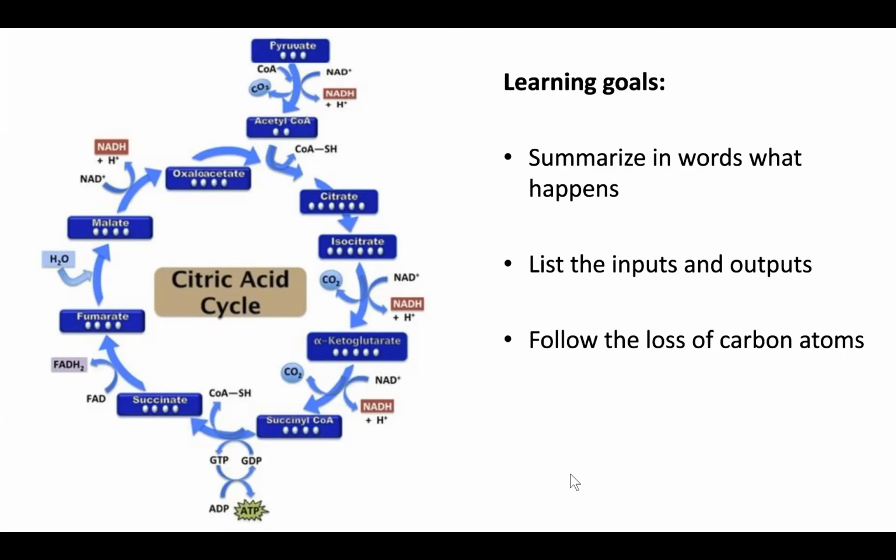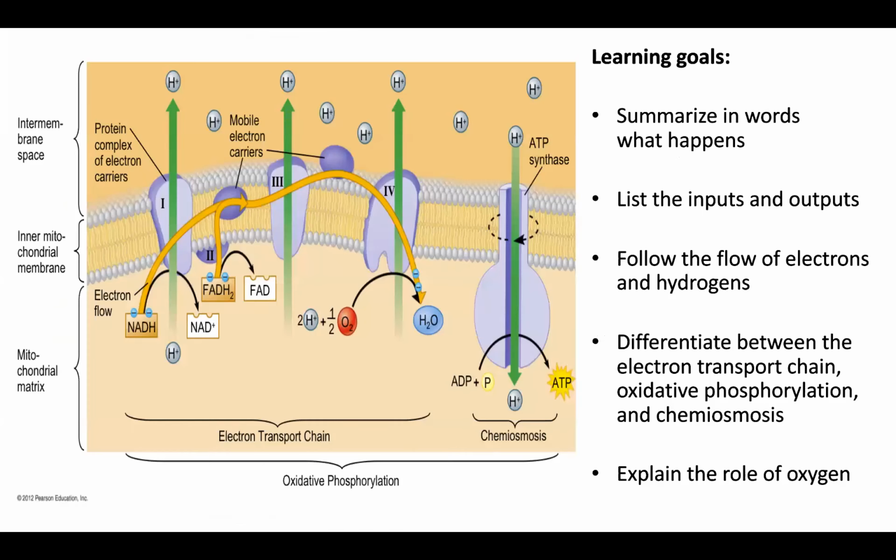All right, now let's take all those electrons and bring them to the big show. Here is oxidative phosphorylation, and our learning goals are to summarize what happens in words, list the inputs and the outputs, follow the flow of electrons and hydrogens, and then differentiate between the electron transport chain, oxidative phosphorylation, and chemiosmosis.